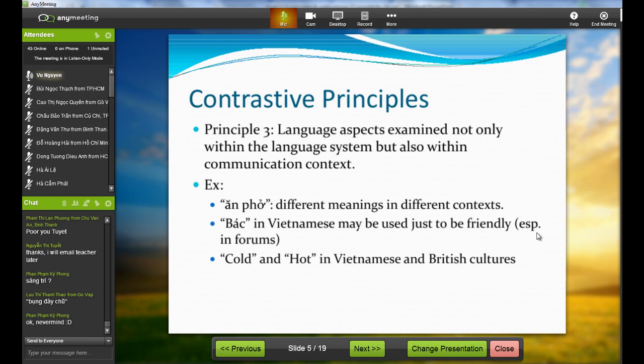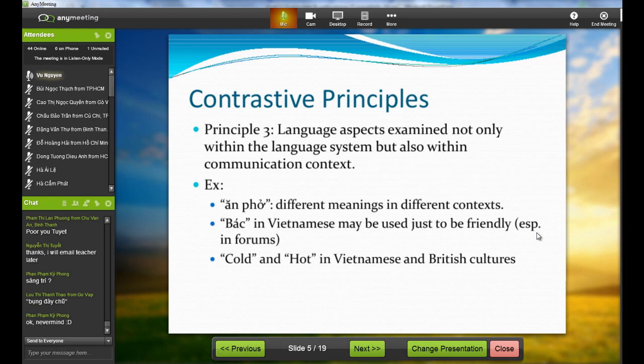Another example can be the difference between how we conceptualize cold and hot in our two cultures, Vietnamese and British culture. For example, Vietnamese students may be confused when reading Shakespeare's verse describing Juliet, as beautiful as a summer breeze.